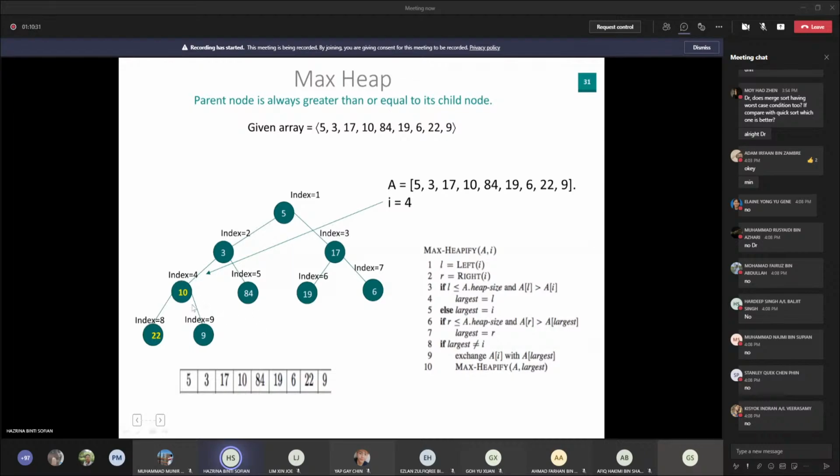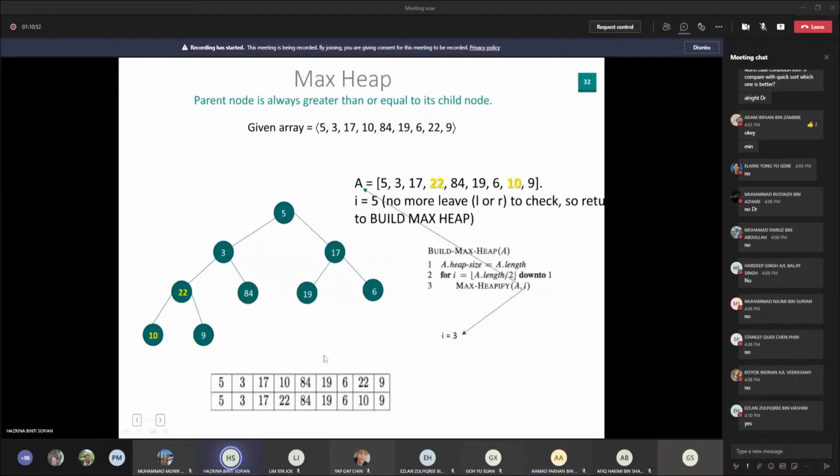Next, we check: is 22 bigger than 10? Yes. If yes, then we swap it.